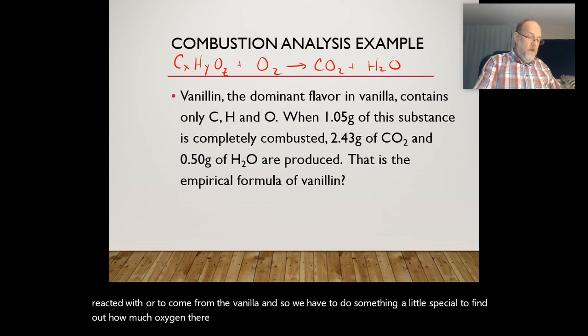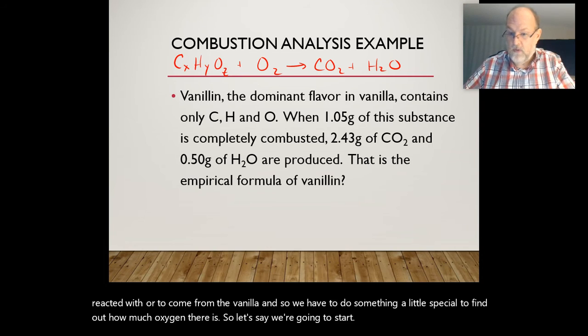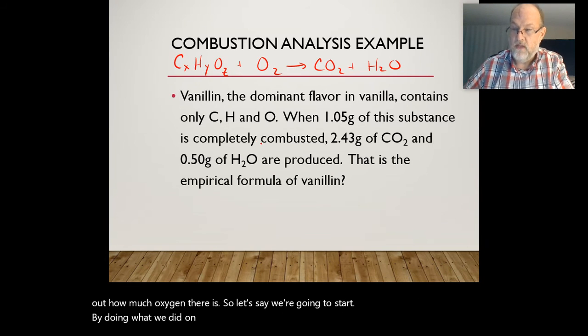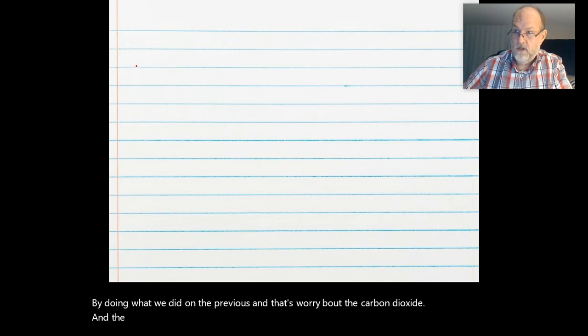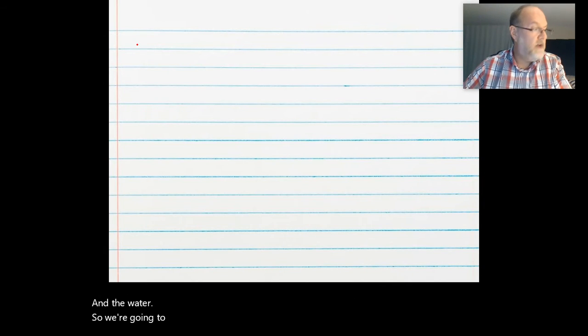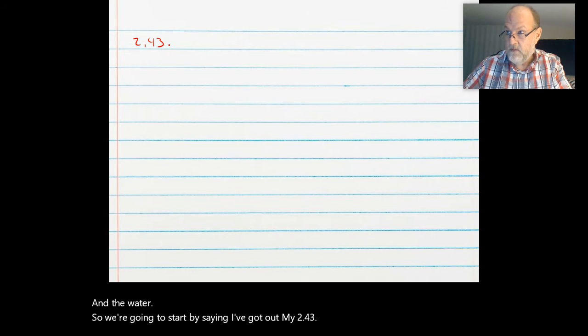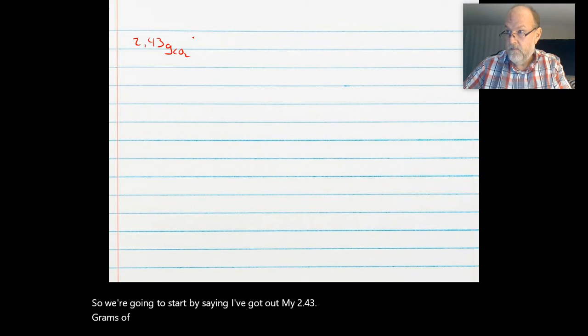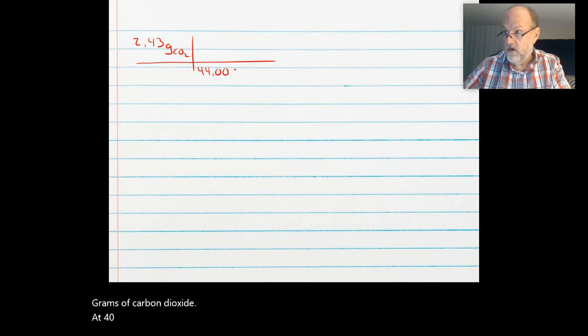So let's see. We're going to start by doing what we did on the previous, and that's worry about the carbon dioxide and the water. So we're going to start by saying I've got out my 2.43 grams of carbon dioxide at 44.0095 grams of carbon dioxide per mole of carbon dioxide.